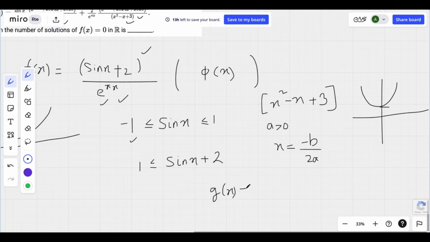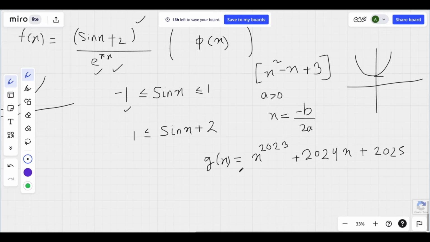So our g(x) is x to the power 2023 plus 24x plus 2025. So this is our g(x) function.